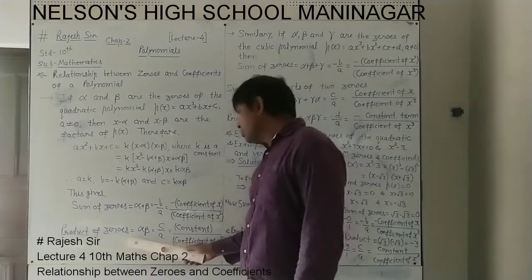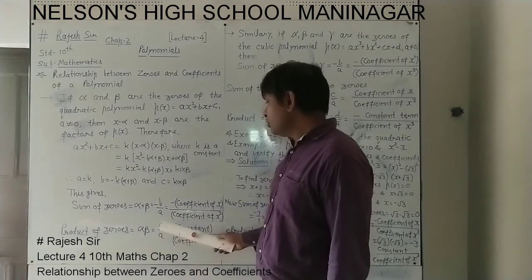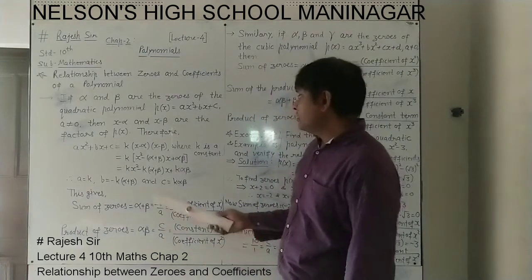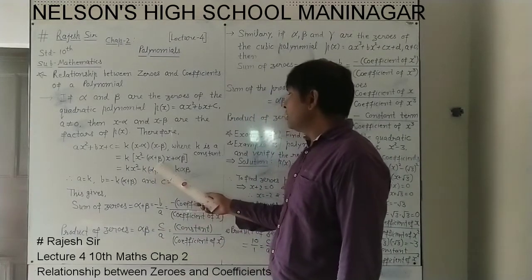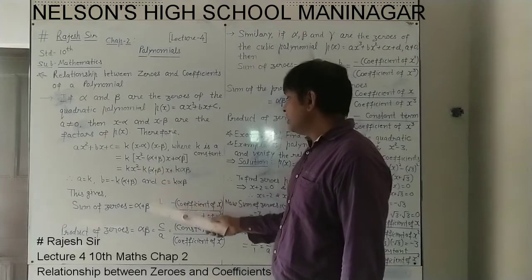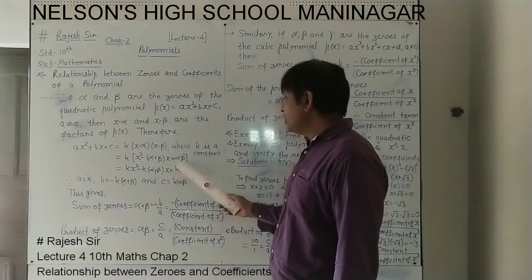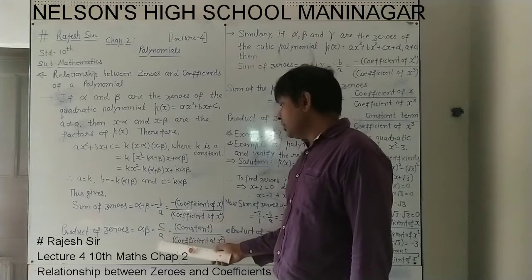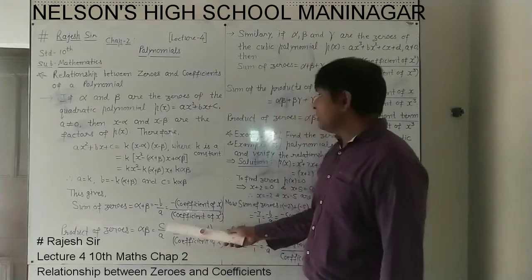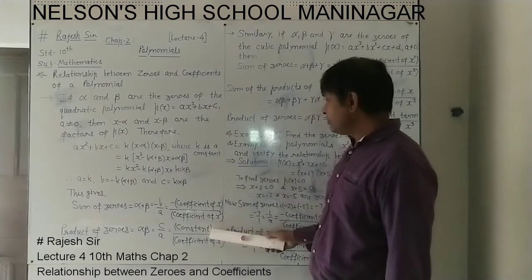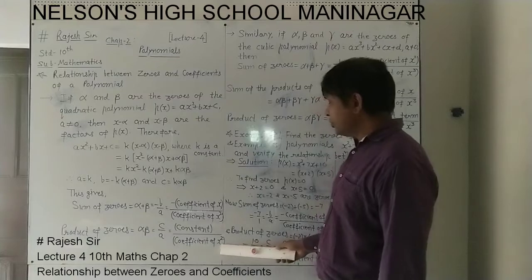And the product of zeros, alpha into beta, is equal to c upon a. You can see alpha plus beta is minus b upon a, and alpha into beta you will get c upon a, that is, c the constant term upon a, again the coefficient of x square.